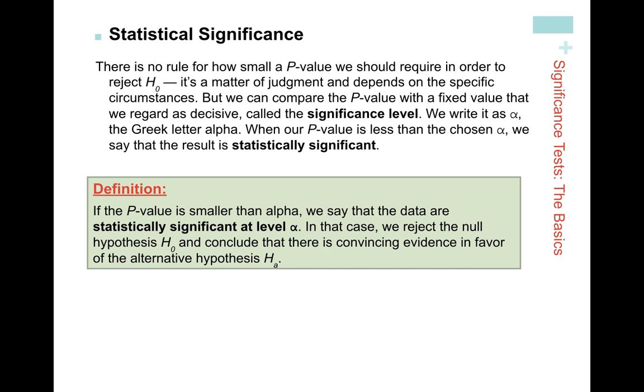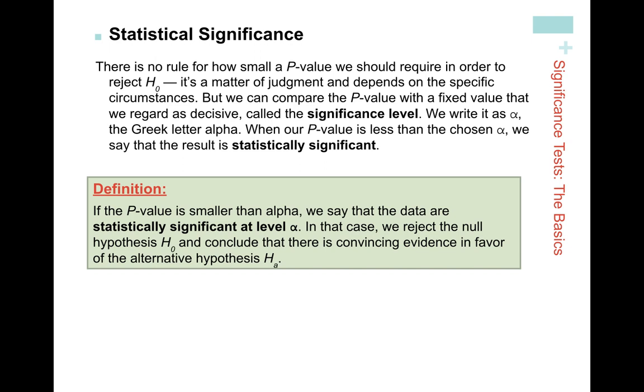If you are engineering space shuttles and your tolerances are extremely tight, you might have a very, very small alpha level. But if you're dealing with some other scenario altogether, you might have a much larger alpha level.